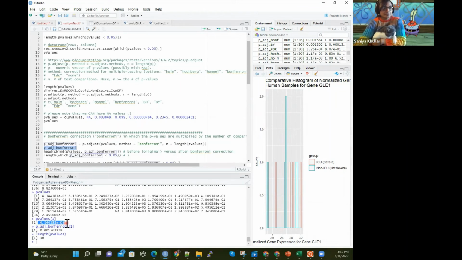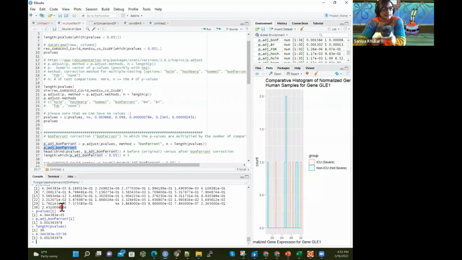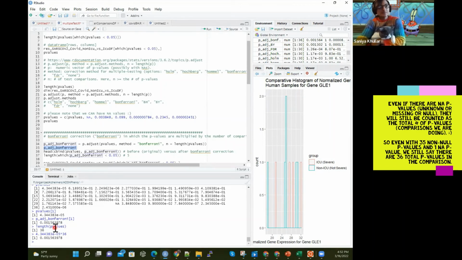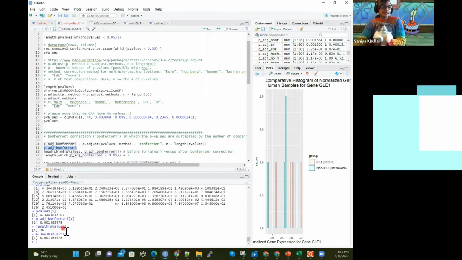So if I take my original and I multiply it by the number of p-values now, right? I just added a bunch of random p-values here, just to show you that we can have NA values as well. So if I multiply this by 36, then I'm going to get 0.0015693663978. So even if there's an NA, I still count it.